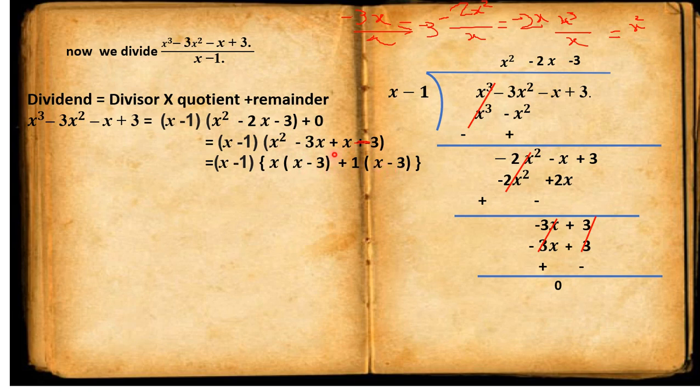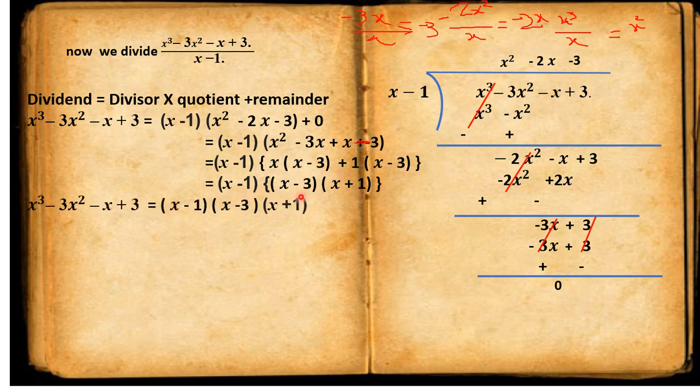Now this x minus 3 and the x minus 3 in the second term are common, so we take x minus 3 out, and the rest of the quantity inside the bracket is x plus 1. Now we rearrange these terms as x minus 1, x minus 3 and x plus 1. We can say these are the factors of this polynomial.